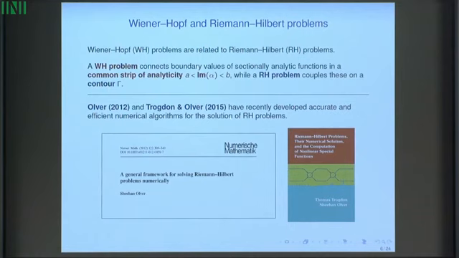I'm sure that both Tom and Sheehan will be talking about the numerical methods later this week. I think they're giving 3 master classes. These two people have developed accurate and efficient numerical methods for solving Riemann-Hilbert problems. So we are going to build on their work to see how we can solve these diffraction problems with this more complicated behavior near the origin.